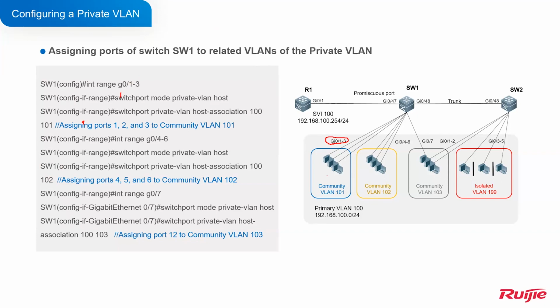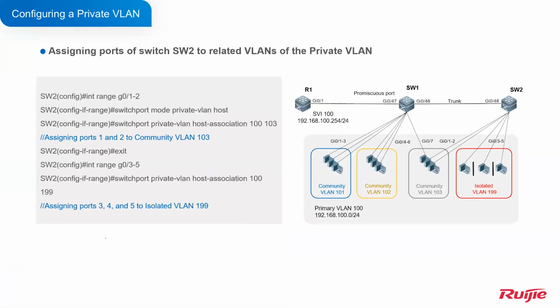So we are binding these ports with the community VLAN 101. And G0/4 to 6 is the same, but we are binding with a different VLAN ID, which is VLAN 102 in this case. And G0/7 is bound to 103. Okay, this is the configuration on SW1.